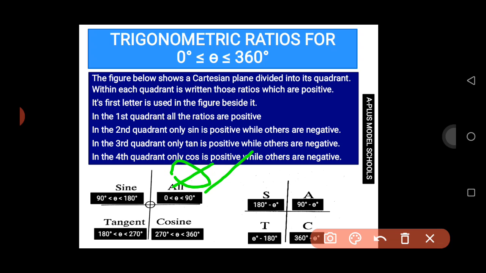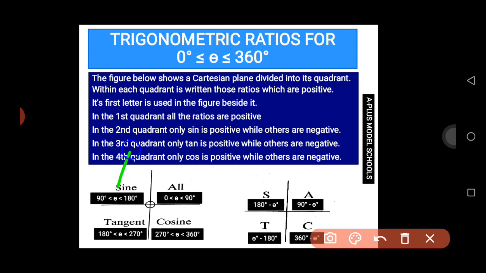So if I'm given sine 45, it will be in the first quadrant, and all the trig ratios are positive. But in the second quadrant, only sine is positive.